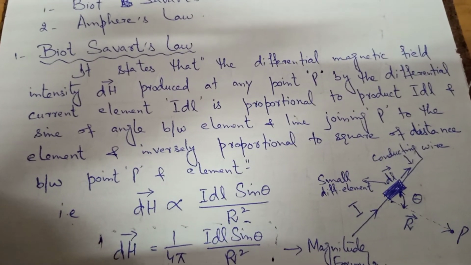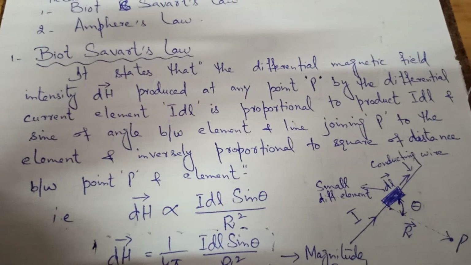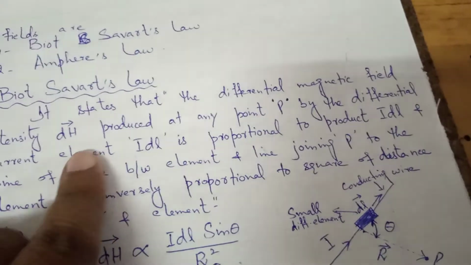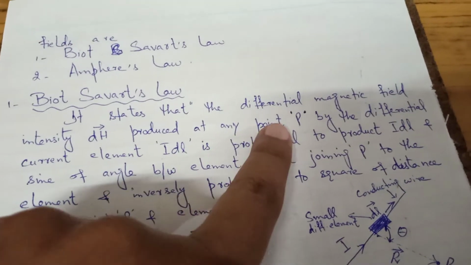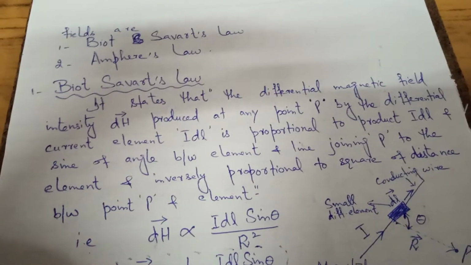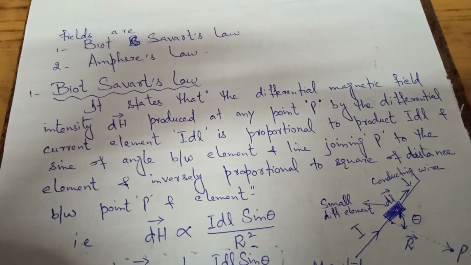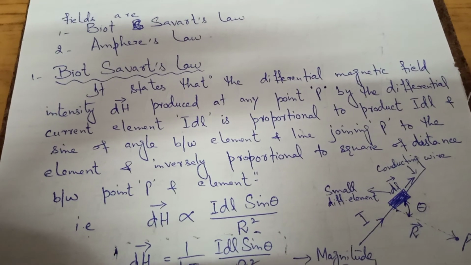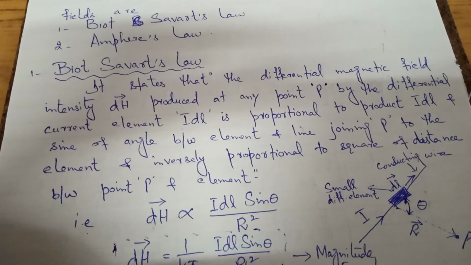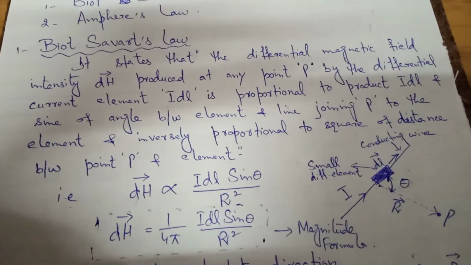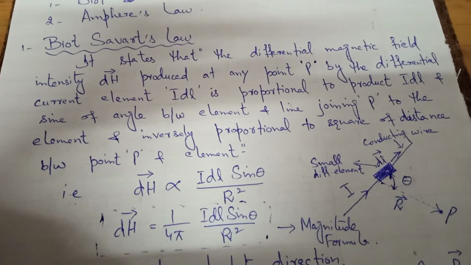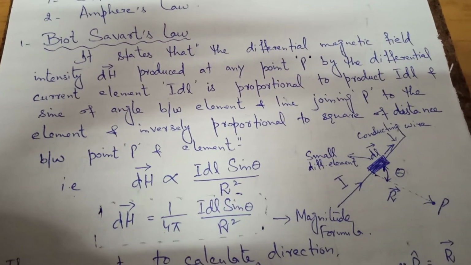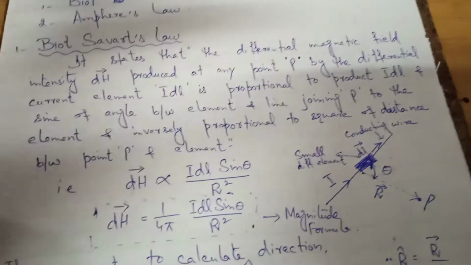Biot-Savart's law states that the differential magnetic field intensity dH produced at any point P by the differential current element I dl is proportional to the product of I dl and the sine of the angle between the element and the line joining to the element, and inversely proportional to the square of the distance between point P and the element.